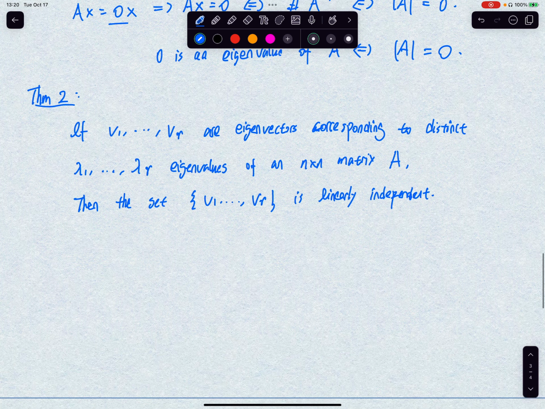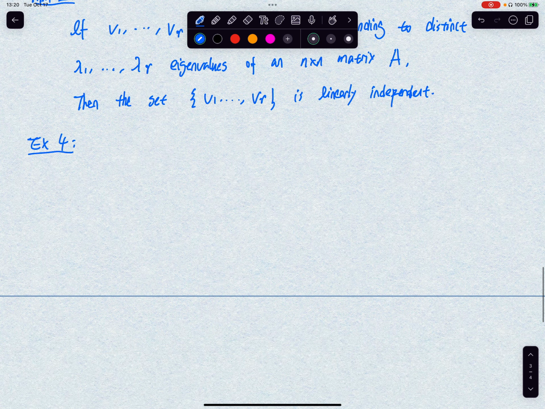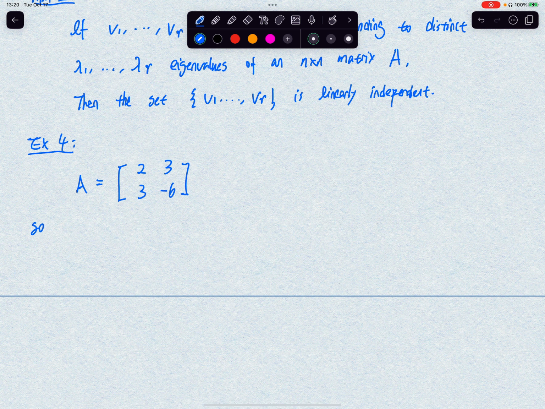Now we shall go to the next topic of this lecture, the characteristic equation. Useful information about the eigenvalues of a square matrix A is encoded into a special scalar equation called the characteristic equation. Let us use an exercise to find out why. Say we are going to find the eigenvalues of the matrix A equals [2, 3; 3, -6].